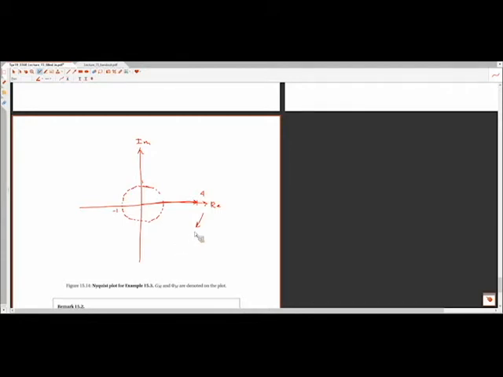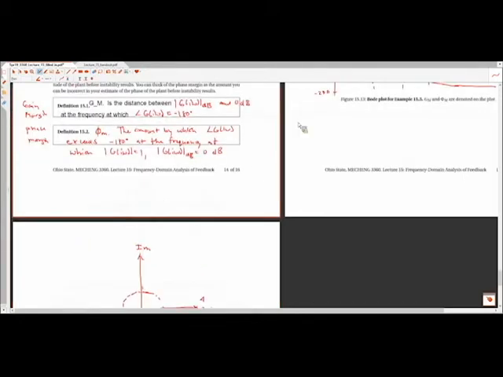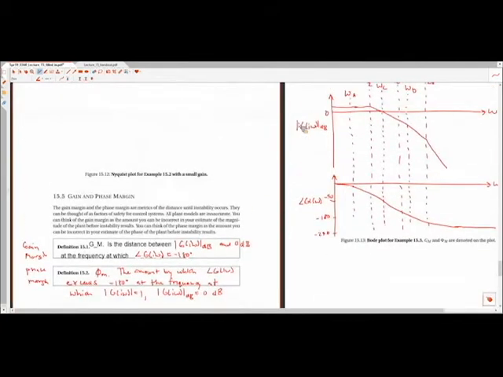Right. And then eventually we're going to get to omega c, which has a magnitude of 1. And here we're showing approximately, to the best of my drawing abilities, a phase angle of around negative 90 degrees.